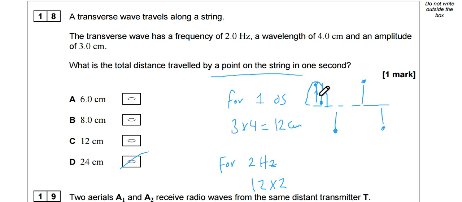So this is 6, and after that it goes down and again to equilibrium up, so it is another 6. So for one oscillation it is 12, and for two oscillations it is 24.